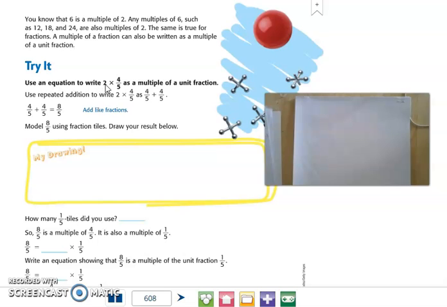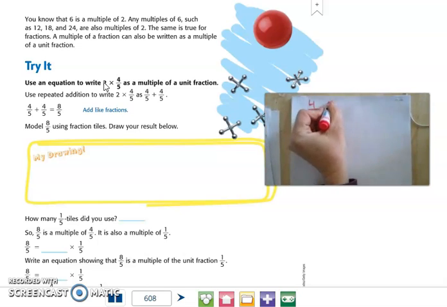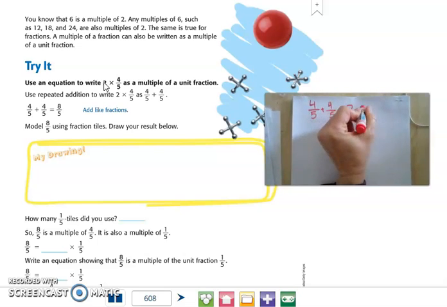Use an equation to write 2 times 4/5 as a multiple of a unit fraction. Use repeated addition. So we're writing 4/5 2 times. 4/5 plus 4/5 equals 2 times 4/5.